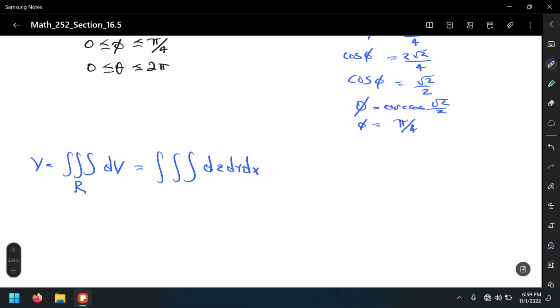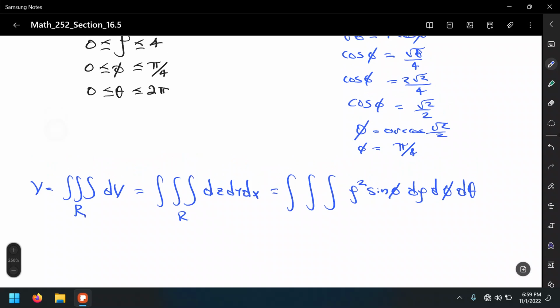Well, not necessarily your favorite, but the one that is easier to set based on the complexity of the integral. However, recall that dV in Cartesian becomes rho squared sine phi d rho d phi d theta.